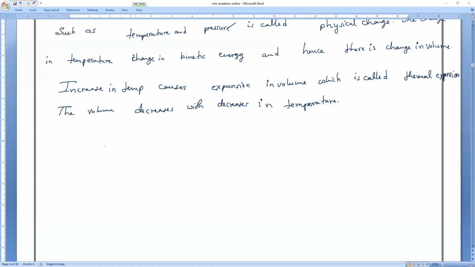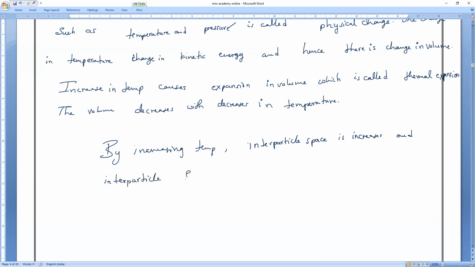So all of you observe, by increasing temperature, interparticle space is increasing, but the interparticle force of attraction decreases.